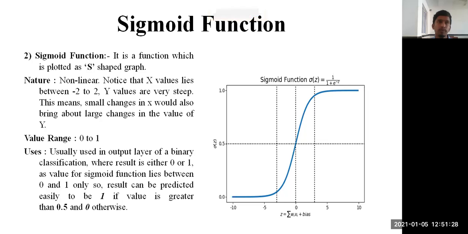And if the output is below the threshold value of 0.5, it is considered as your 0 value. So if the value is greater than the threshold value, that is 0.5, it is considered as plus 1. If the value is less than the threshold value, it is considered as 0. That's how you need to remember your sigmoid function, the computation formula, and also the range of the sigmoid function.